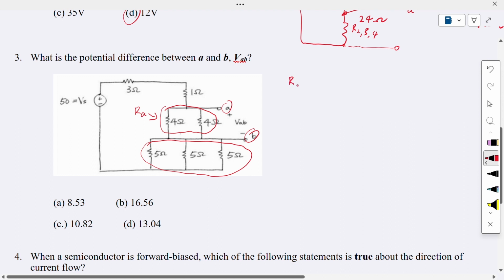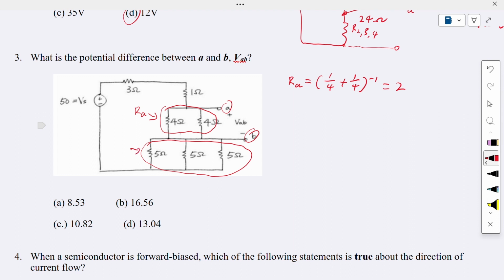This RA network is equal to 1 over 4 plus 1 over 4, and we take the inverse, then we get 2. Let's assume this is our RB network. This RB network is equal to 1 over 5 plus 1 over 5 plus 1 over 5. Take the inverse, then we get 5 over 3.